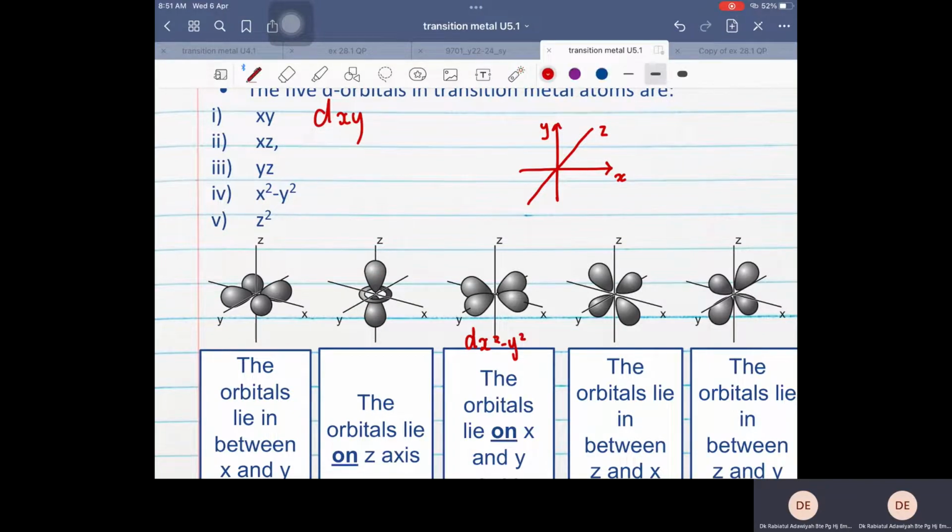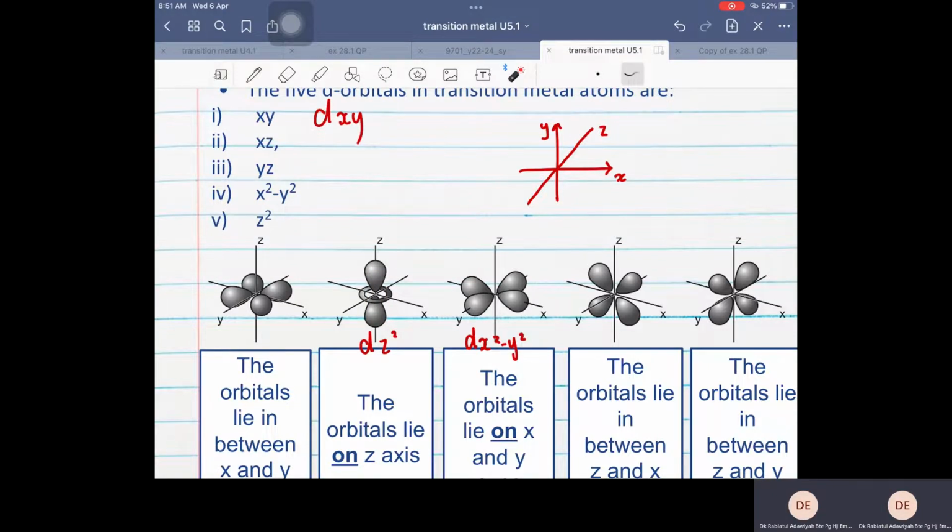So that's easy to remember. And the power 2 indicates that the lobes are located on the axis. On the z axis, not on the y axis, not on the x axis. It has to be on the z axis. Wherever your z axis is, it sits on that plane.